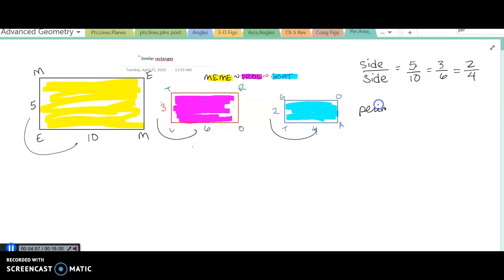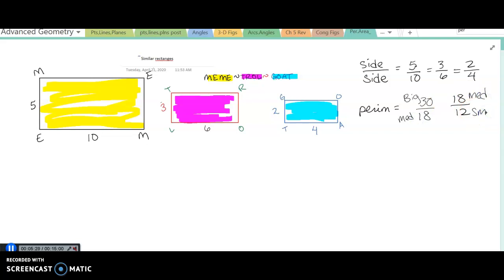The perimeter ratio, we saw for the first two, was 18 is to 12 for medium to small, and for the large one, our perimeter is going to be 30. So 30 is to 18. This is big to medium, and this is the medium rectangle to the small rectangle.